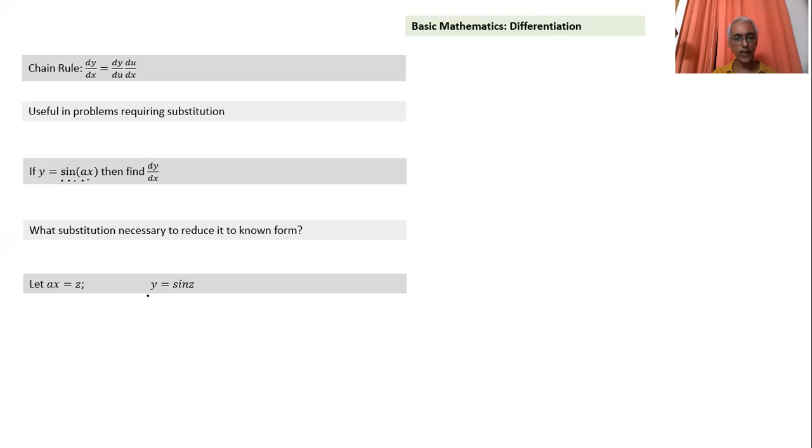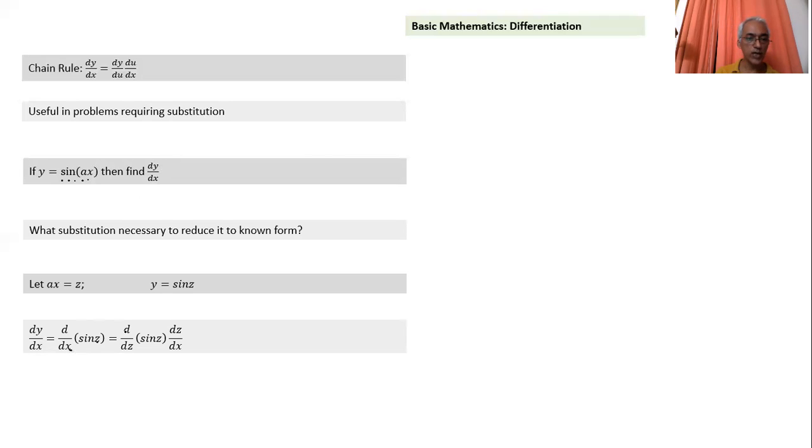Now if I had to find dy by dx, let's see how we find it. We are still interested in finding dy by dx. It becomes d by dx of sine z. This I cannot differentiate directly, because to differentiate, if there's x here, this also has to be x, or if it is z here, this also has to be z.